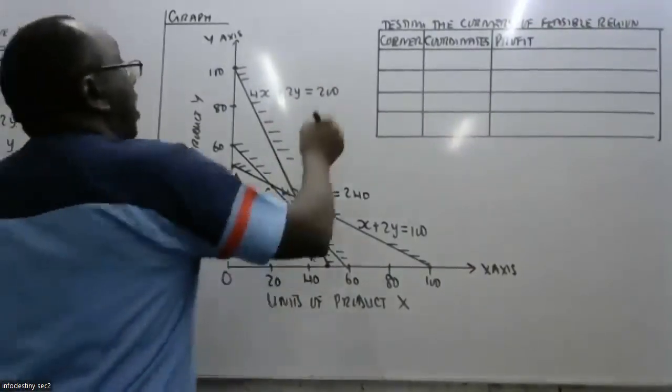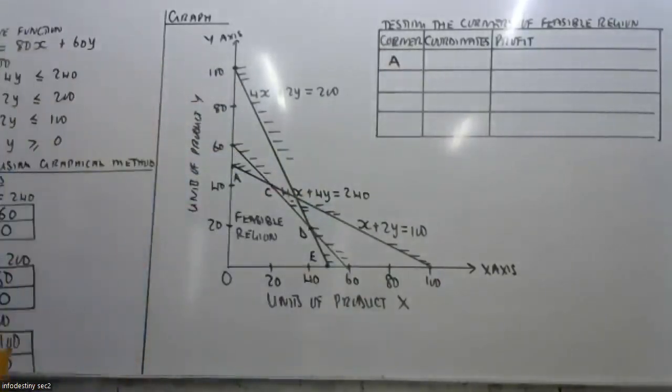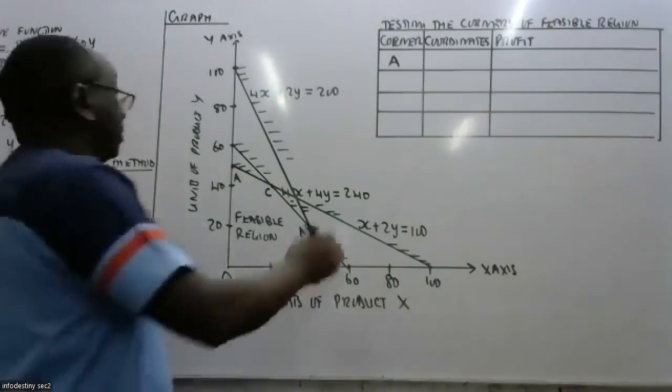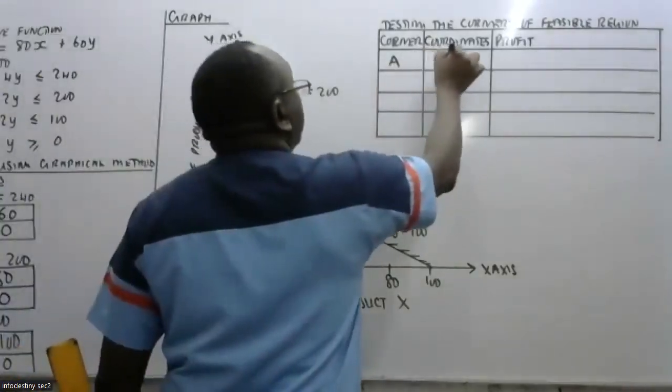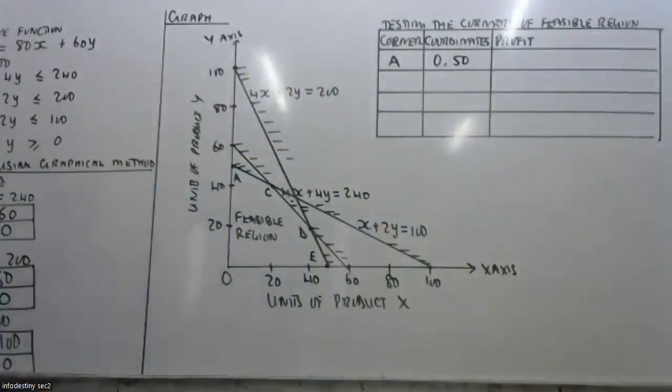So let's start with corner A. Do you know the coordinates of corner A? It is 0, 50. X is 0, y is 50. Now those coordinates, I told you, you substitute in the objective function, which was 80x plus 60y.